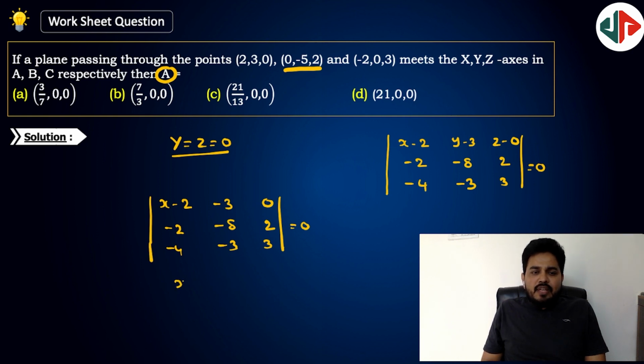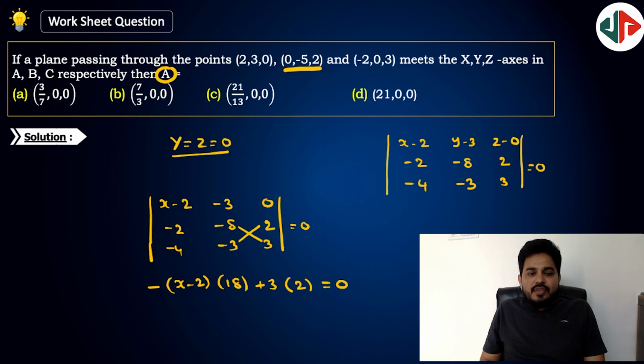So the value will be x minus 2 into minus 24 plus 6 is equal to 18. Anyway, when you are taking this minus of minus, we need to take plus 3 times of minus 6 plus 8. This is minus 6 plus 8, so plus 2.